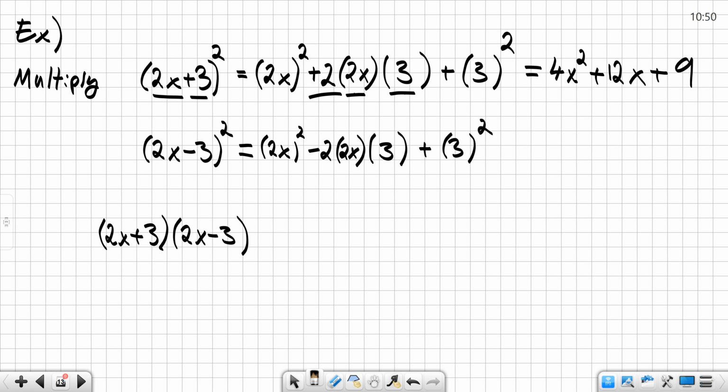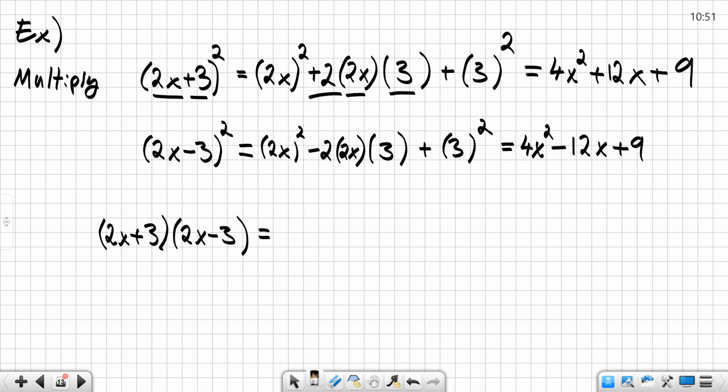The terms that I'm multiplying are 2x and 3. So I will end up with 4x squared minus 12x plus 9. Notice that the only difference between these two is that one has a negative in the middle, and this one has a positive in the middle.